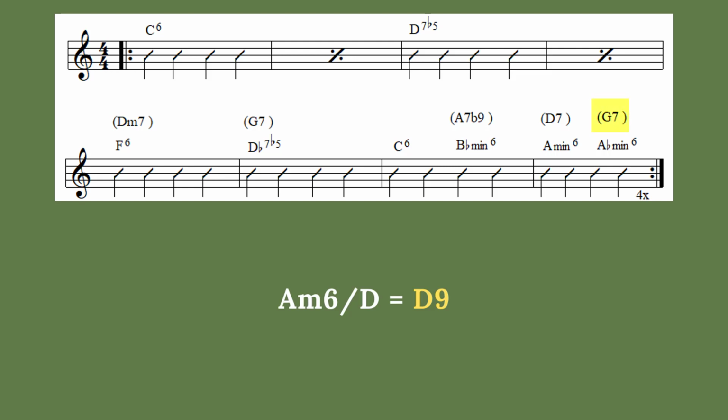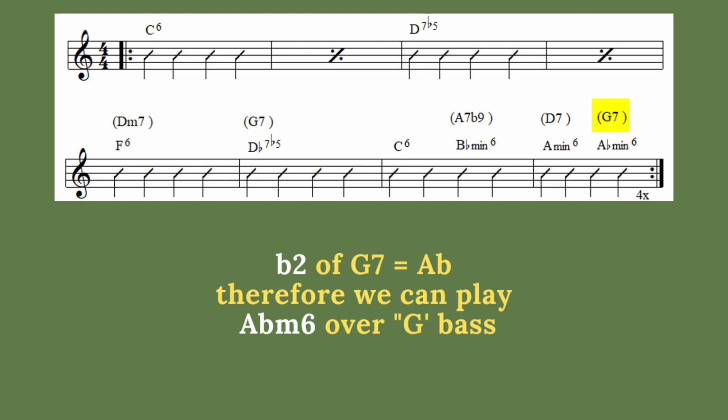Onto the G7, and this is the same idea that we did with the A7. We're going to play a minor sixth chord on the flat 2 of the dominant. So here we'll play an A flat minor sixth.